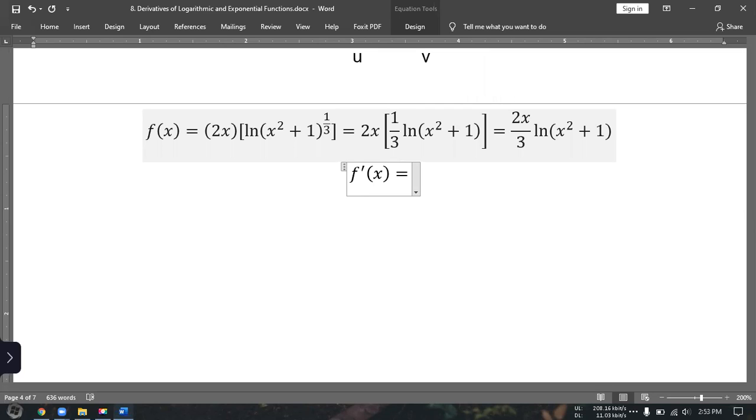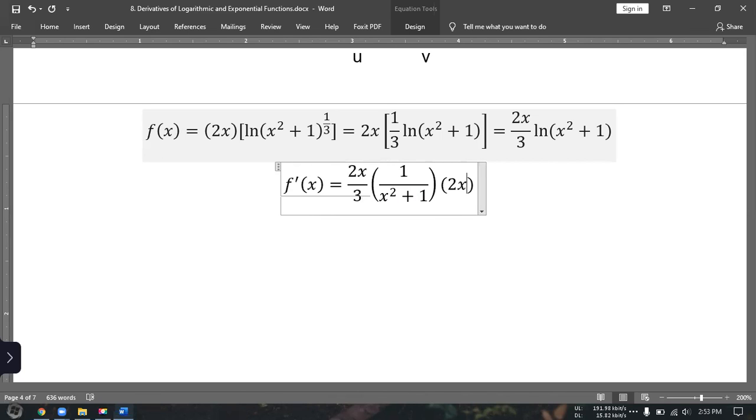We have 2x over 3. And derivative of the second factor. We have 1 over x squared plus 1 times derivative of x squared plus 1 is 2x. And it's 1 over u du. Plus copy the second factor, the natural logarithm of x squared plus 1.